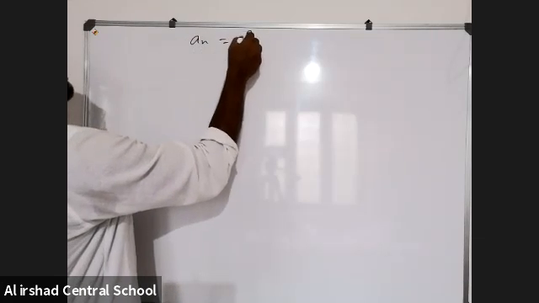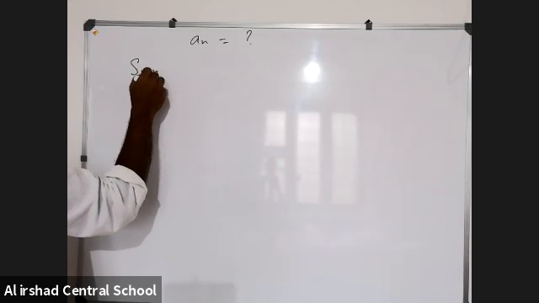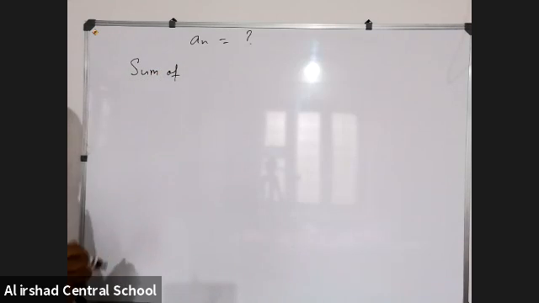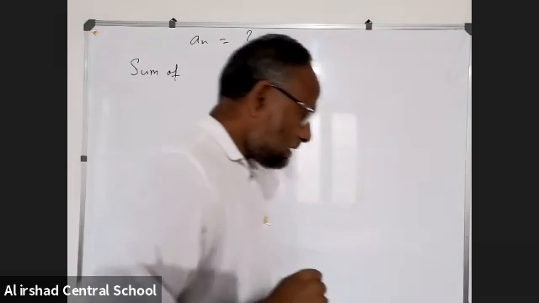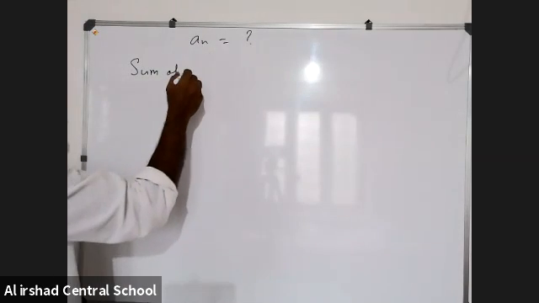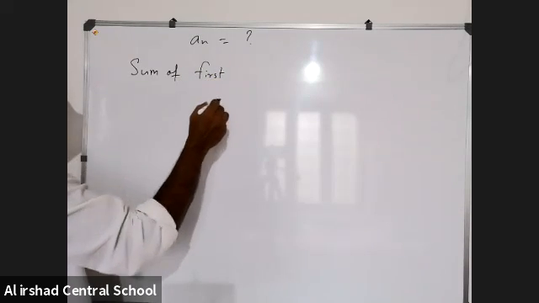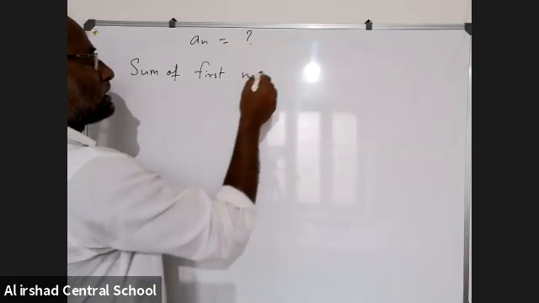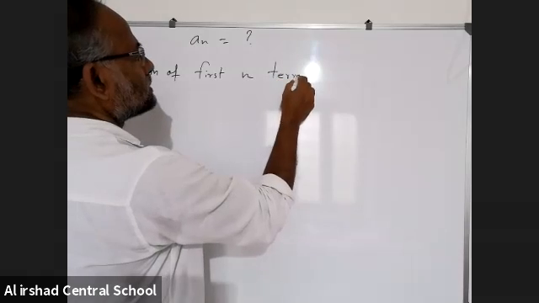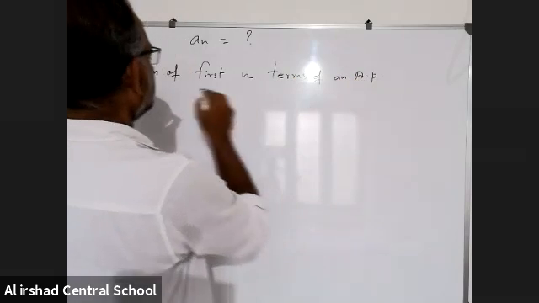Now I am talking about the sum of. You can see the heading there. Sum of first n terms of an AP. Be careful, not last n terms, or middle. First n terms of an AP. Write the heading.